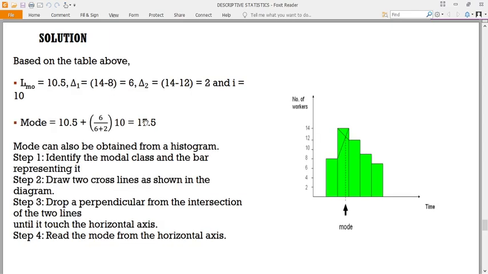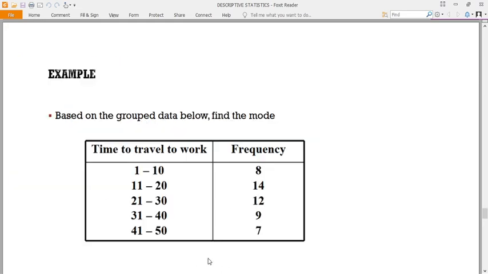Then delta 1 is the difference between the frequency of the modal class and the frequency before the modal class. 14 was our highest frequency, so the frequency before the modal class is 8.